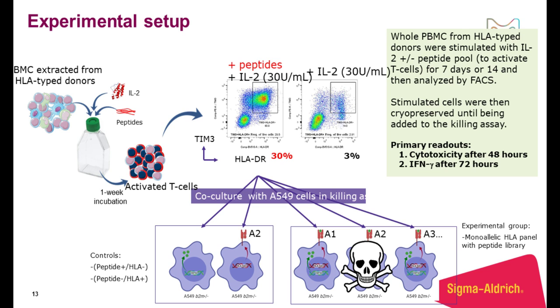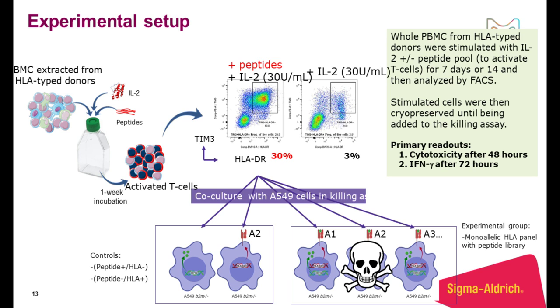Each set of the donor T cells is then introduced to our cell panel and all of the controls. And the killing of the cells in the panel is measured both by cytotoxicity and interferon gamma production. Both are measured by staining and sorting by FACS, and both are proxies for the killing activity of the cells recognizing the antigen on the surface.